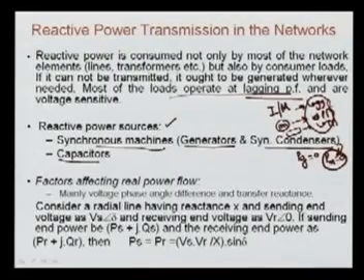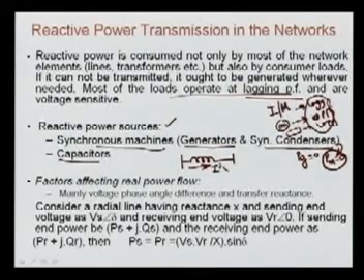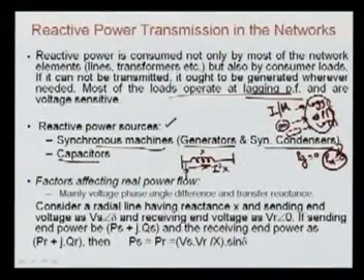Another source of reactive power is no doubt the line, but once it is lightly loaded, it can generate reactive power. Here, if we say this is a line having reactance X, the loss in the line, the reactive power consumed, is I square X. At the same time, as we know, we have distributed parameters, that is the charging capacitance of this line, which can be represented by the pi equivalent, a capacitor.